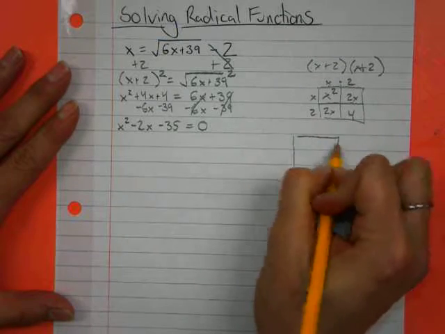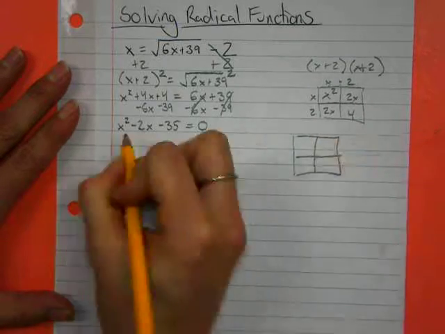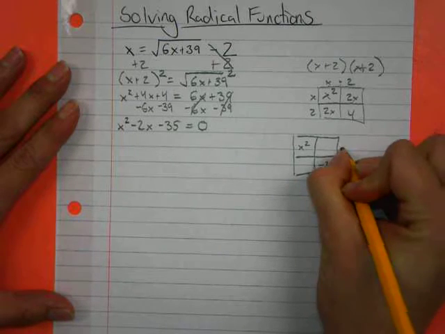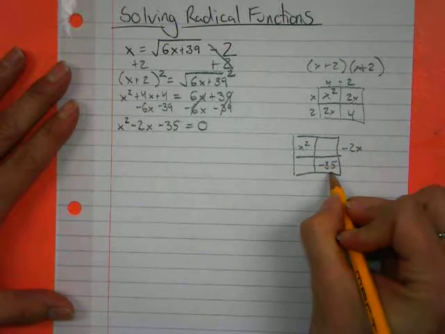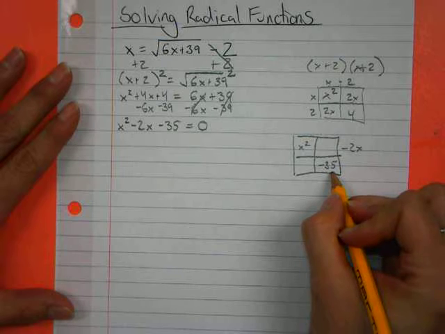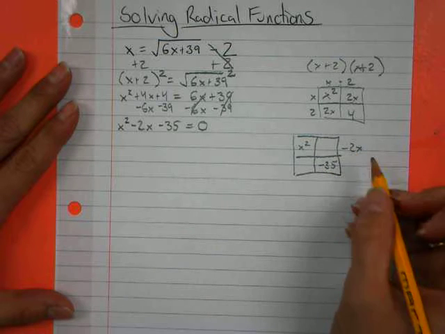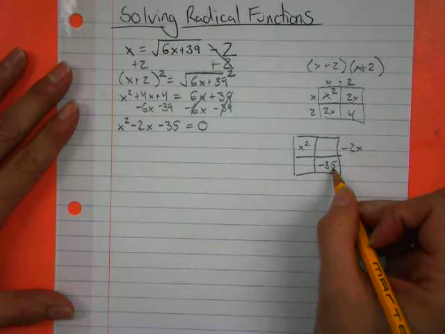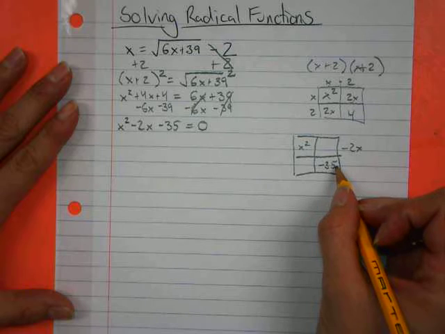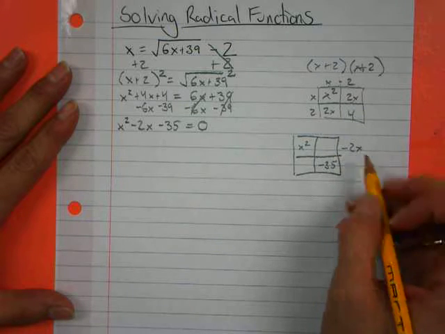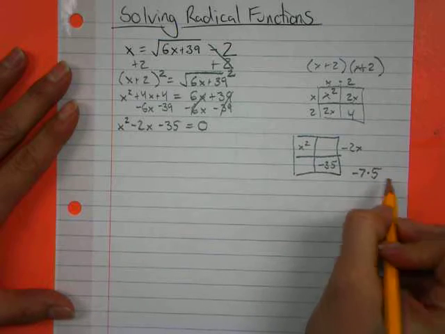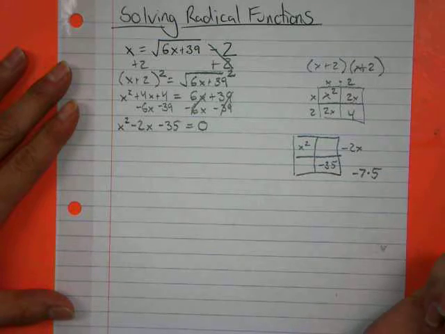I'm going to use the box method to factor that quadratic, x squared minus 2x minus 35. I need two numbers that give me negative 35 as their product, but their sum is negative 2. I'm thinking of 5 and 7 would give me 35, and since it's negative, I would want the 7 to be negative, because negative 7 times 5 would give me negative 35, and negative 7 plus 5 would give me negative 2.